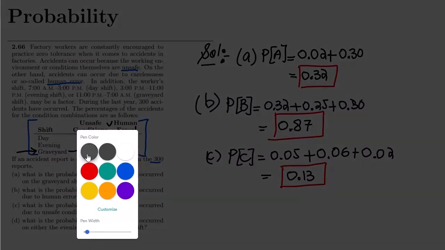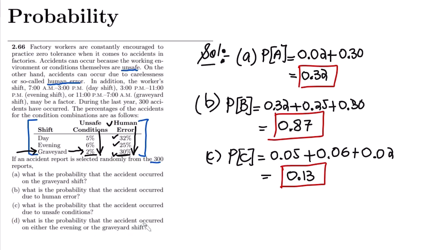The last one here is, what is the probability that the accident occurs on either the evening or the graveyard shift? Let me call this event D. So the probability of event D is the probability that the accident will occur either in the evening or graveyard shift.